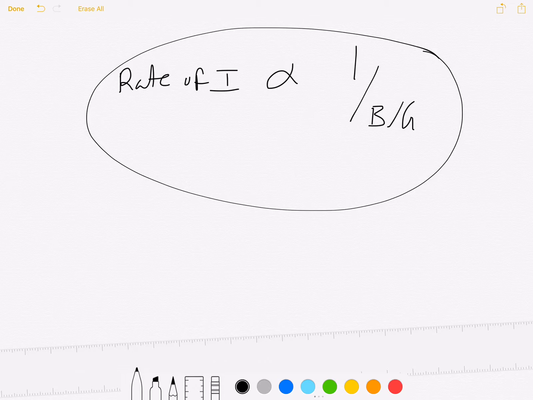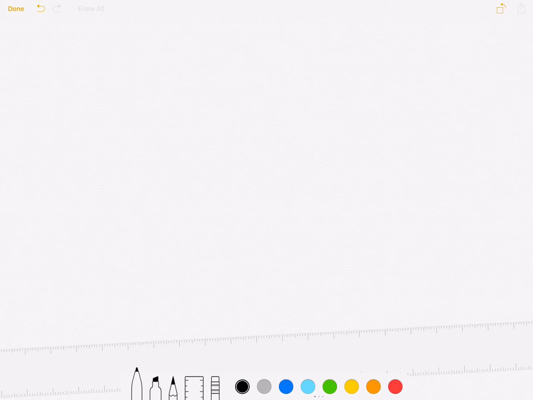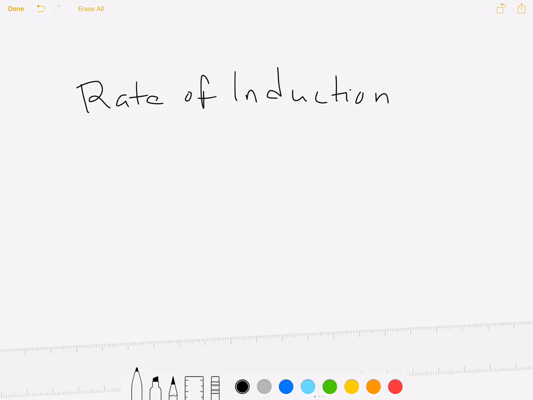Okay, now the second concept is, we discussed that the more the blood flow is, the larger the amount of gas carried away from the alveoli. So that tells us that the rate of induction is also controlled by another factor, that is blood flow, which is measured as cardiac output.